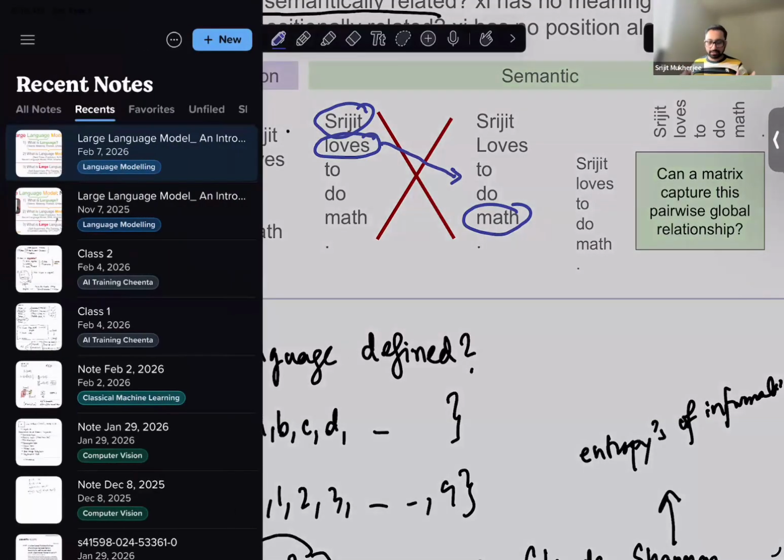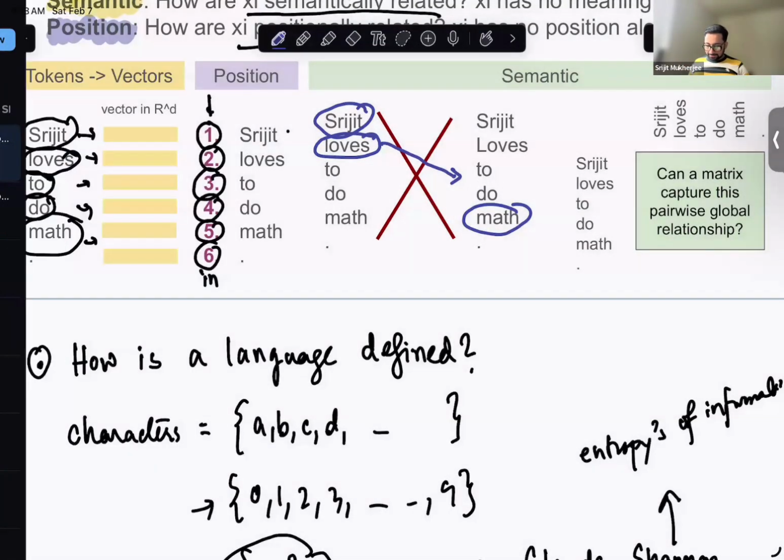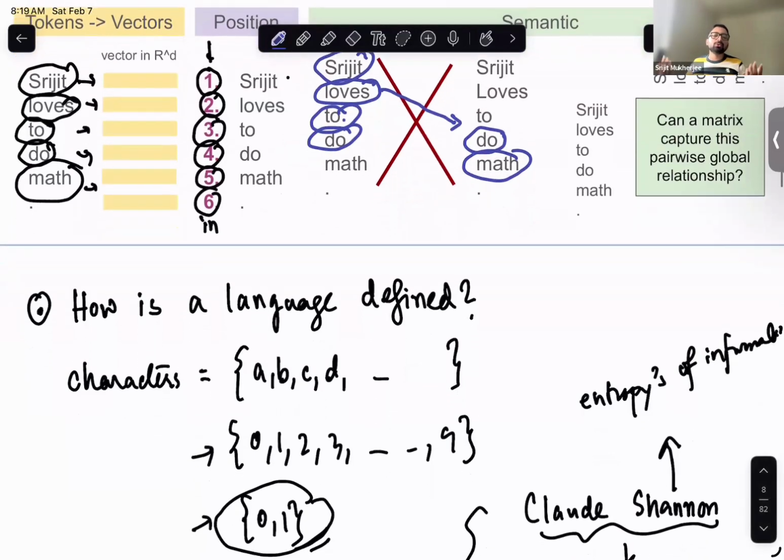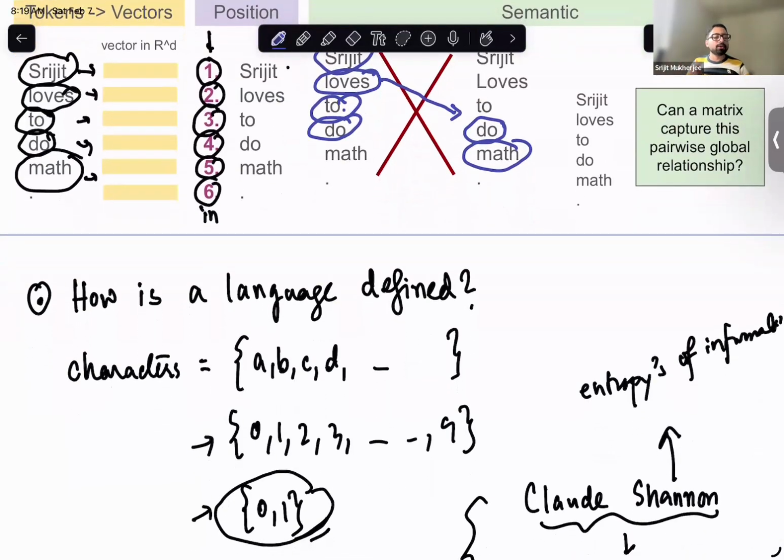It's general, it's not unusual. Again, two is, do is also okay. So when it's generic words like this, it's the usual relationship. But when it's very unusual words like Srijit and math, it will be different.